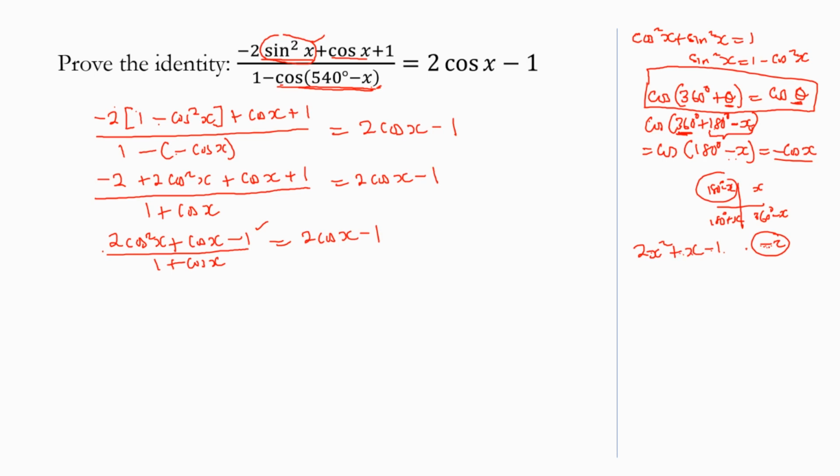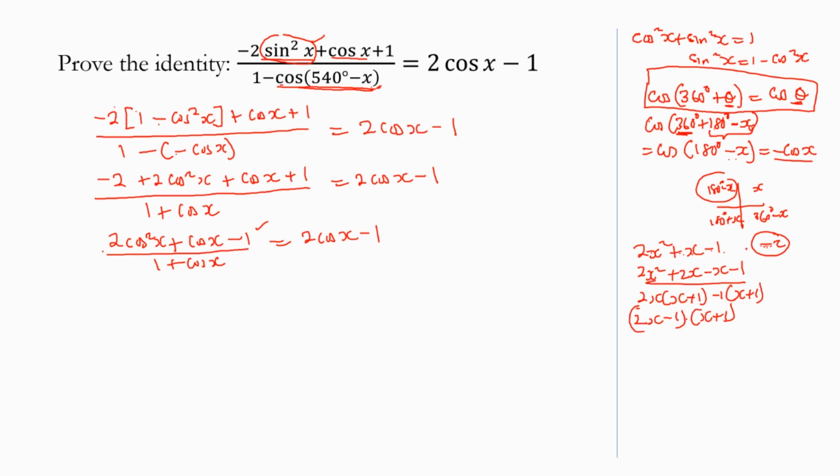That would be positive 2 and negative 1. So it's 2x squared plus 2x minus x minus 1. Then we factorize that: 2x(x plus 1) minus 1(x plus 1). Then we have (2x minus 1) and (x plus 1).